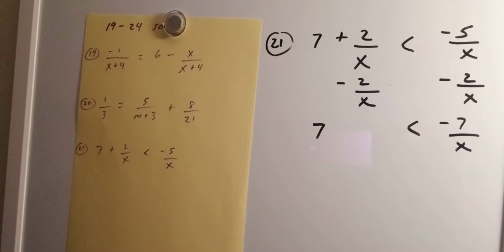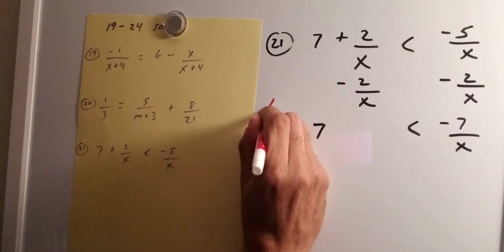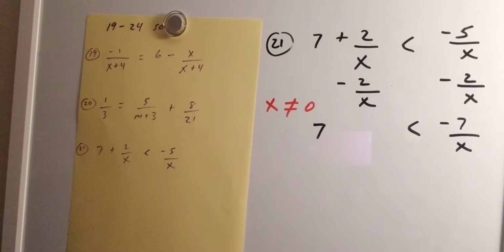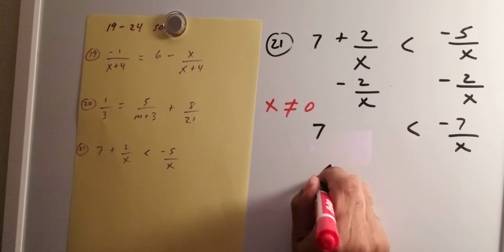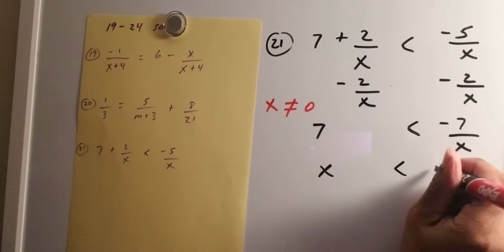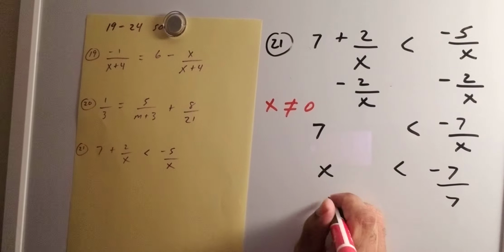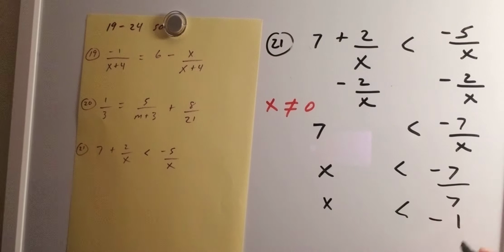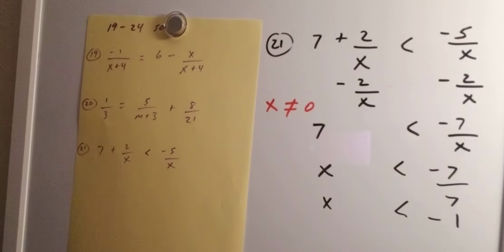Again, you still have x does not equal 0. Multiply both sides by x and divide both sides by 7. We will have x is less than negative 7 over 7. X less than negative 1. And the restriction does not come into play because being less than negative 1 will not include 0.